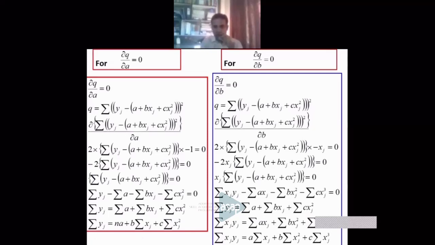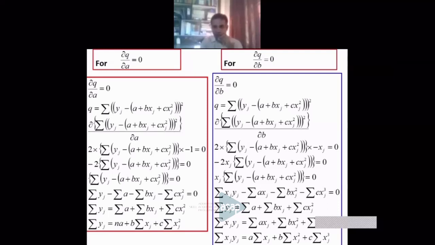So you take this out as b xj squared, and you get c xj, that's minus c xj. As it is taken out of the bracket, the value will be minus, so it will be minus c xj squared. With xj outside this, we'll give the term as xj cubed and c here, so it will be sigma xj cubed.